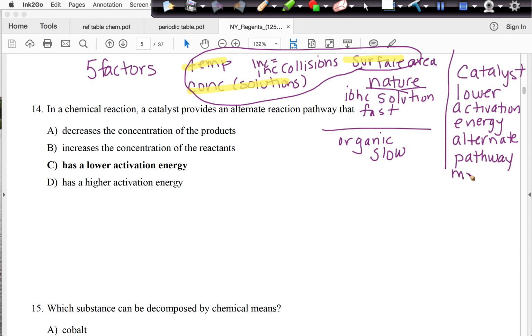We also call this a mechanism, and it's basically the series of steps that are taken for the reaction to happen. A reaction that uses a catalyst will go faster because of the lower activation energy. More of the collisions will be effective.